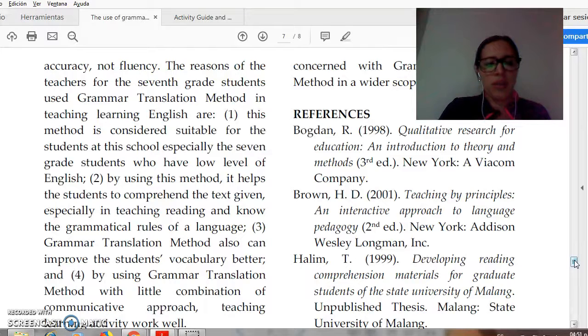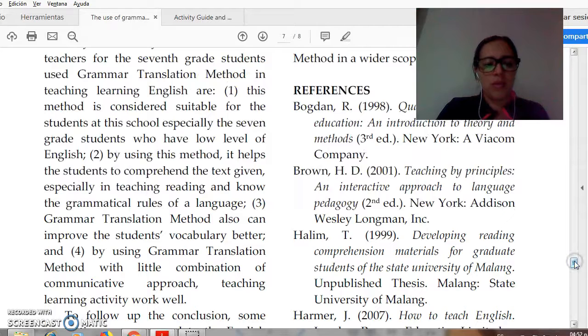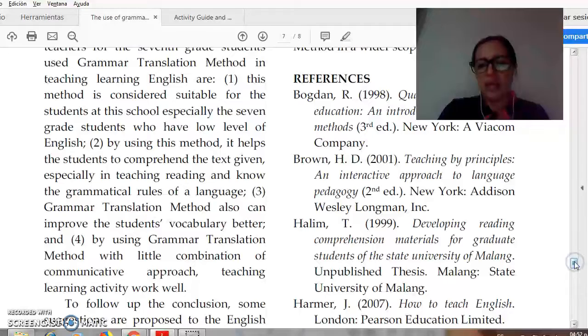Second, by using this method, it helps the students to comprehend the text given, especially in teaching reading, and know the grammatical rules of a language. Number 3, the grammar translation method also can improve the students' vocabulary better. It has been proved that students' vocabulary increases a lot with this method.